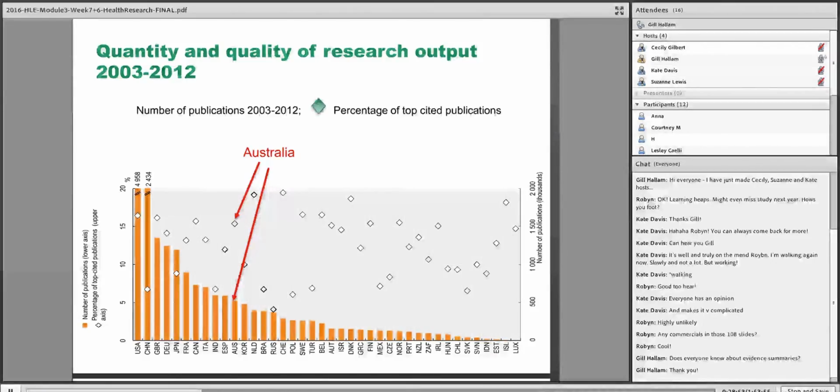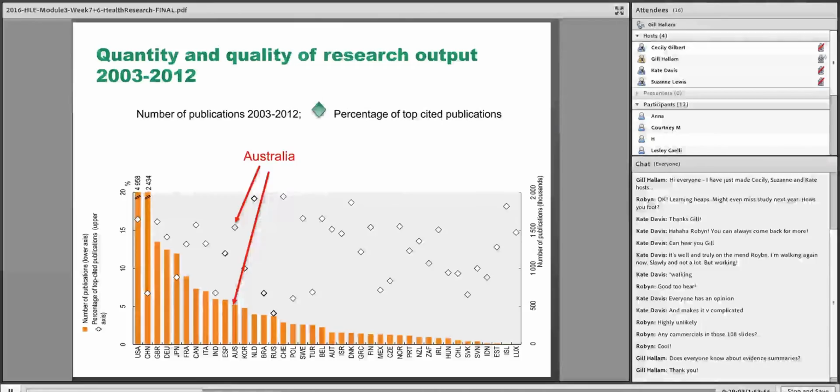This just tracks what's been happening in terms of the research output in terms of scholarly publications. And the picture that's shown there is the number of publications that have been published, obviously, over that different period of time. And then also the little diamond gives you the percentage of top cited publications.